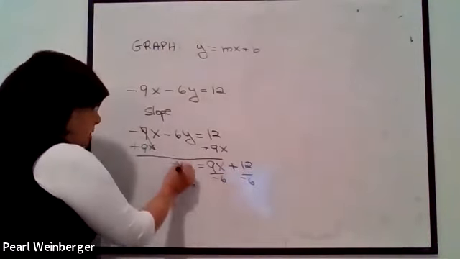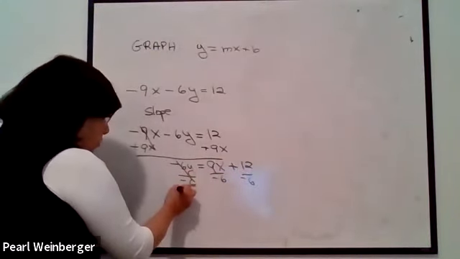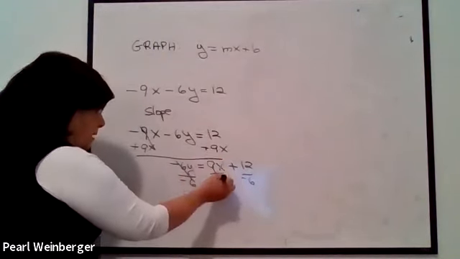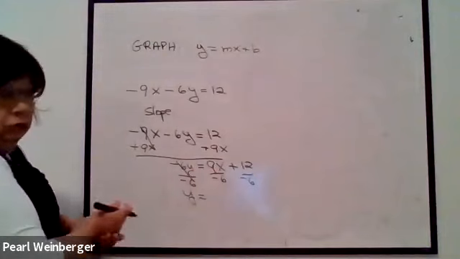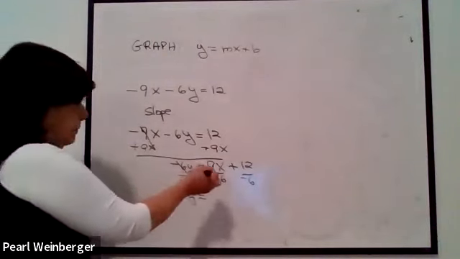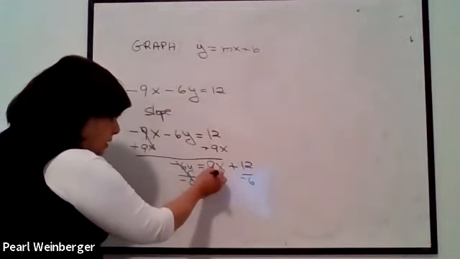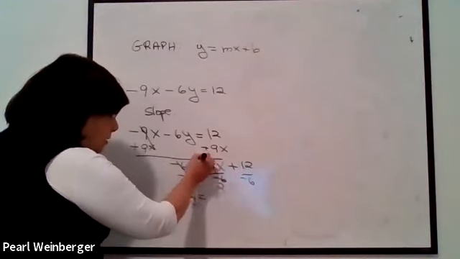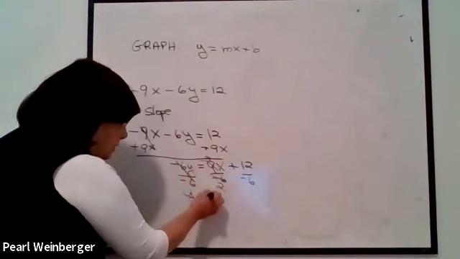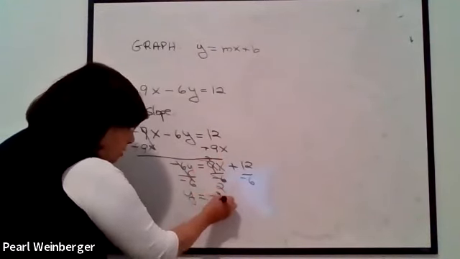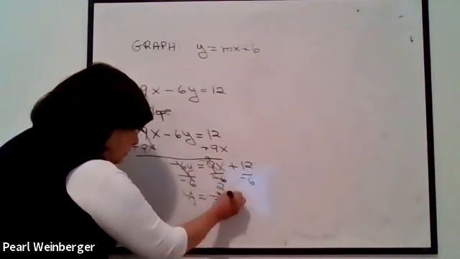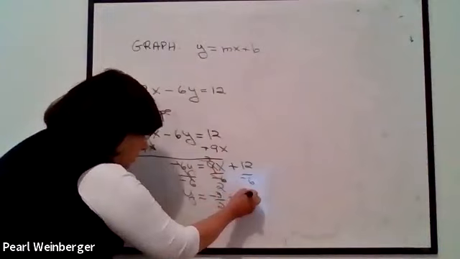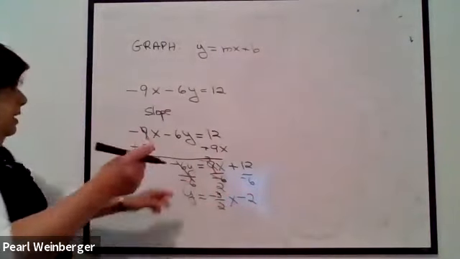So that I end up with y equals, well, 9 divided by negative 6. So I can reduce that. I can divide the top and the bottom by negative 3. That'll give me 2 on the bottom and negative 3 on the top, negative 3 over 2 x. And 12 divided by negative 6 gives me negative 2.